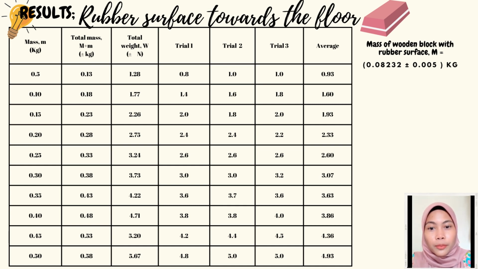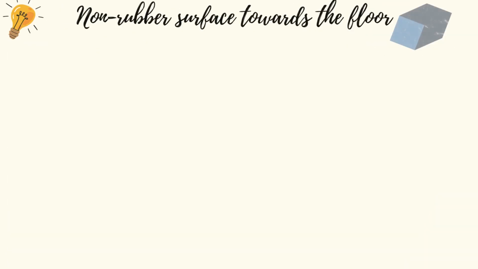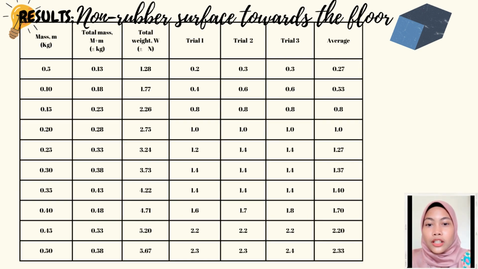In this experiment, we are doing 3 trials and getting a different average every time we add 0.05 kg of masses. For the second result, we are not using the rubber surface anymore, but we are using the same masses, which is 0.05 kg until 0.50 kg, and the result will be like in the table.